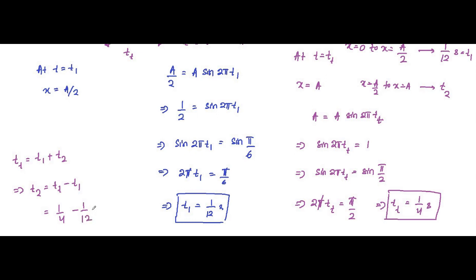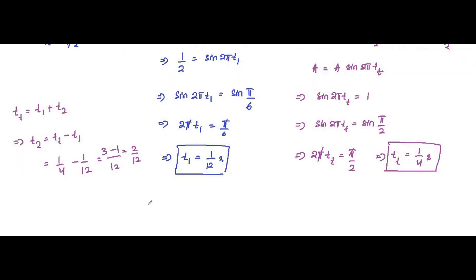It is coming 3 minus 1, which is 2 by 12, so that is equal to 1 by 6 seconds. t2 is equal to 1 by 6 seconds.